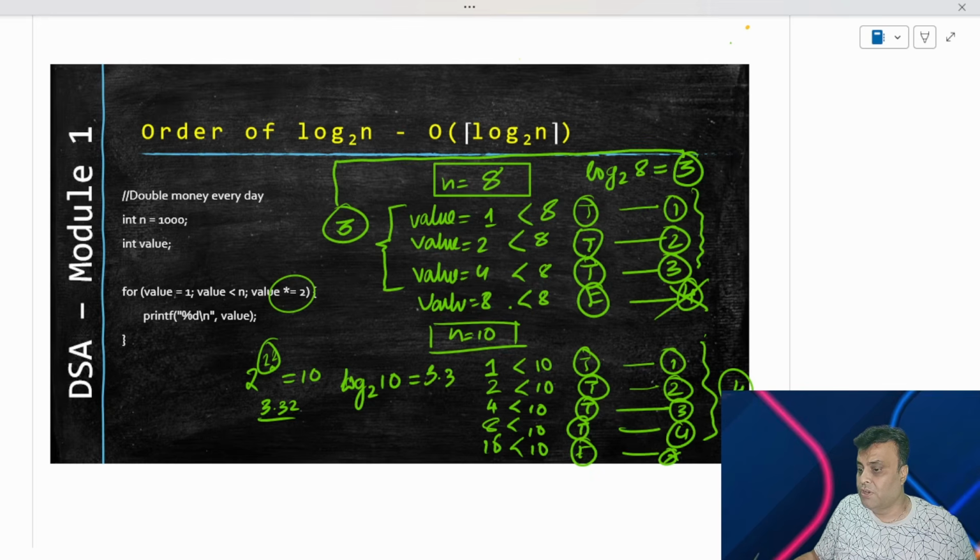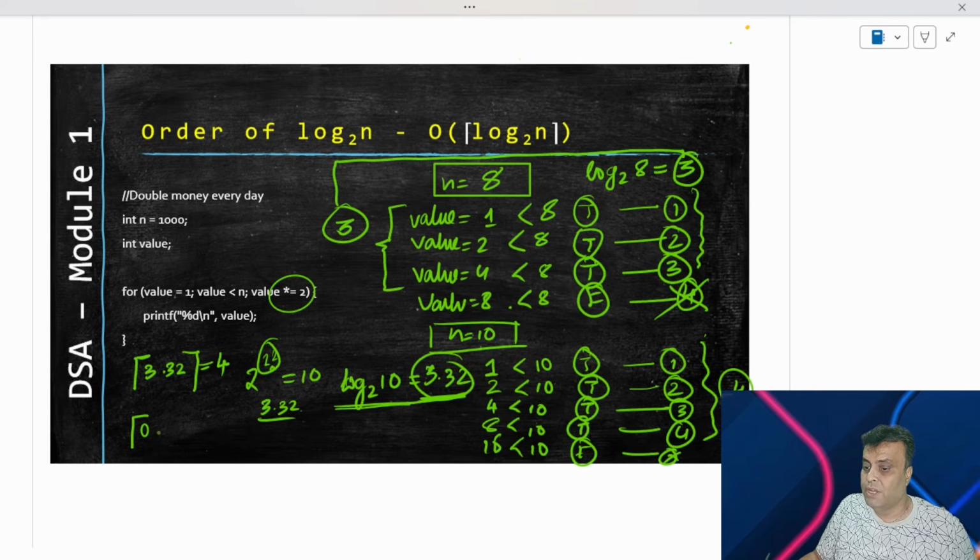So if this is 3.32, it says that the total number of times with n equal to 10 it will run is 3.32. Whatever log gives you, do not take that number blindly as the number of times. Take the ceiling of that number. So the ceiling of 3.32 is equal to 4. I hope you are aware of this. Ceiling of 3.32 is 4.